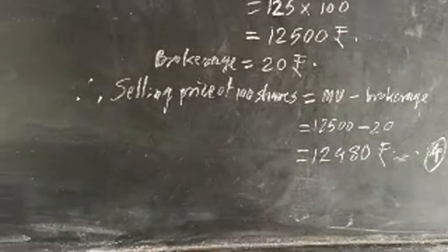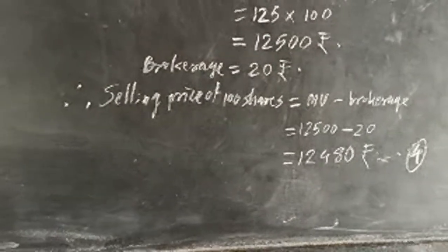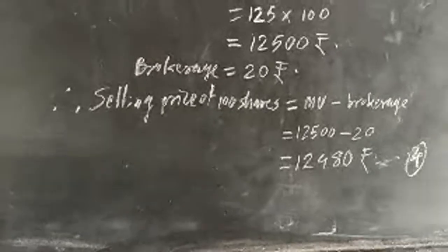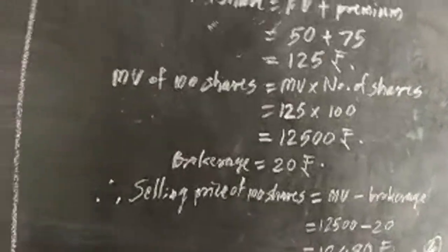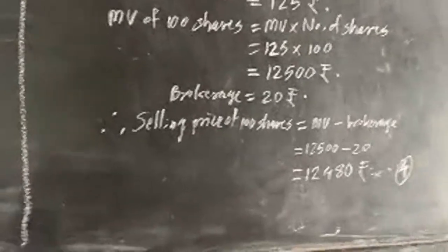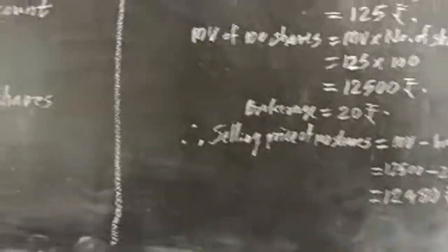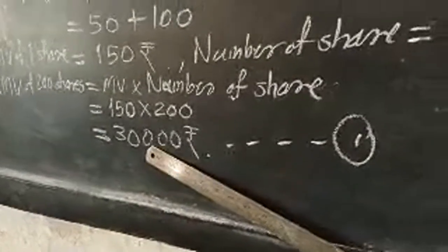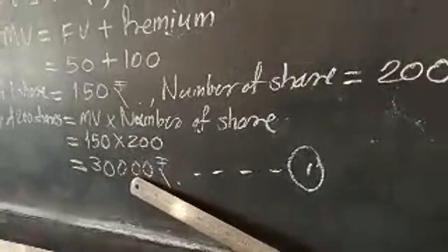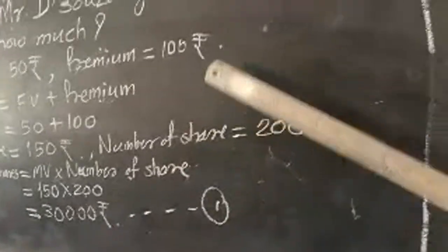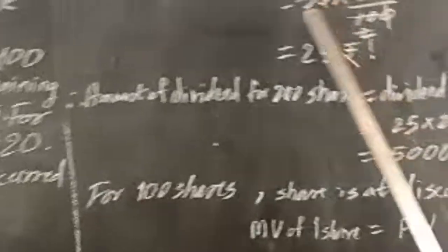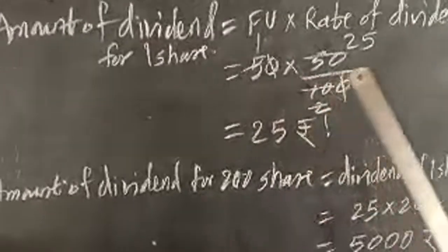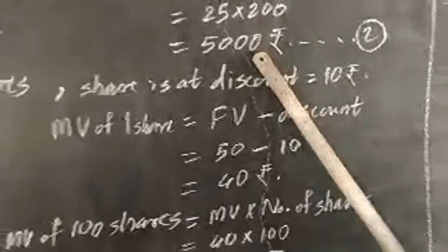After purchasing, D'Souza invested how much amount? At the starting, D'Souza invested 30,000 rupees. After purchasing, he got dividend. Is it correct? First amount he got how many rupees? 5,000.